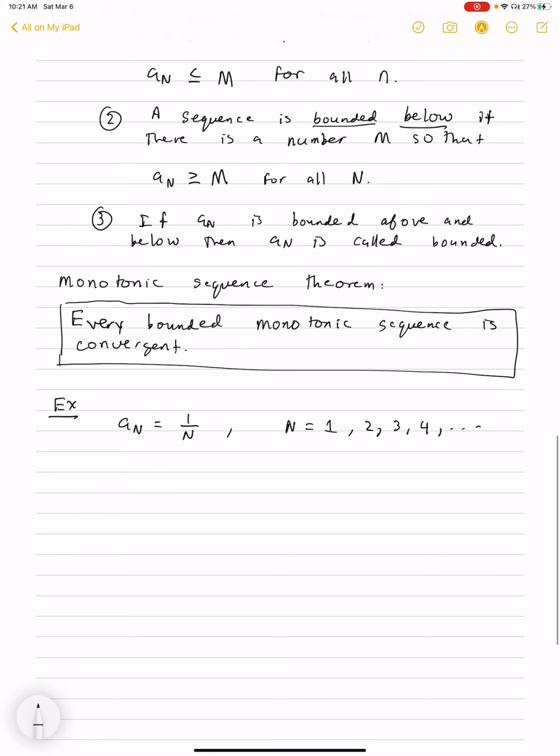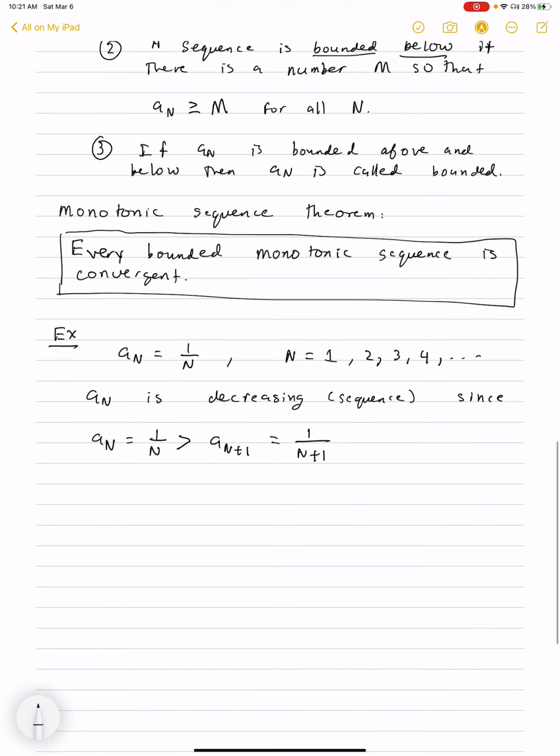This is because a sub n, which is 1 over n, is bigger than a sub n plus 1 because its denominator has increased. I'm dividing by something slightly larger. So it's decreasing, and because it's decreasing, it's always smaller than its first term, which is 1. So that's equal to a sub 1.